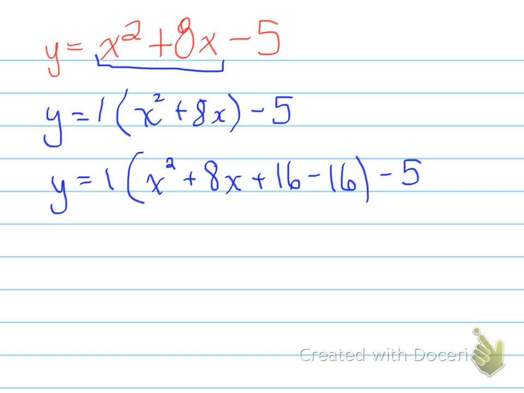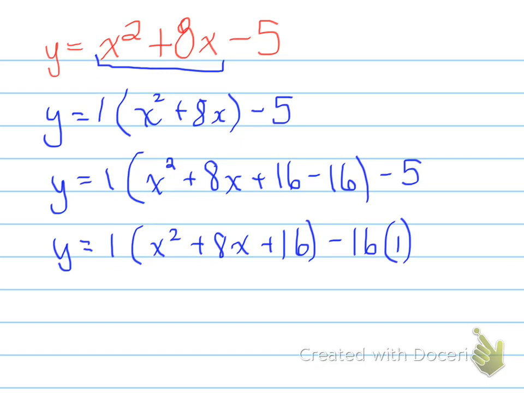Now, the negative 16 doesn't want to be at this party. So the negative 16 leaves the party, and we give back that negative 16 their jacket, which is the 1 at the front. And then minus 5.